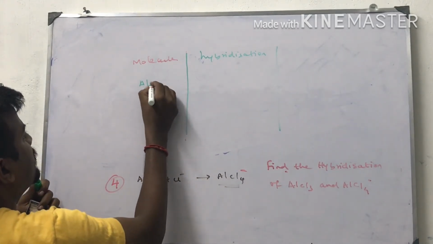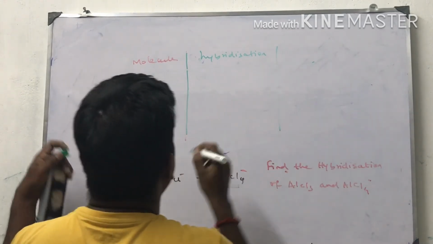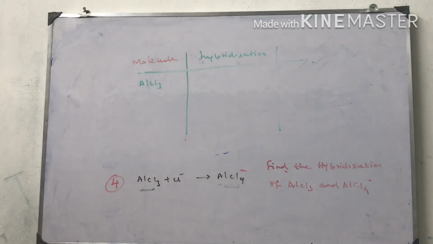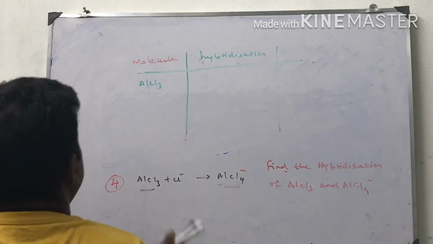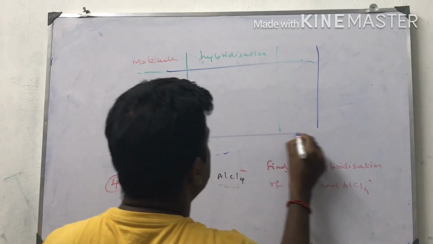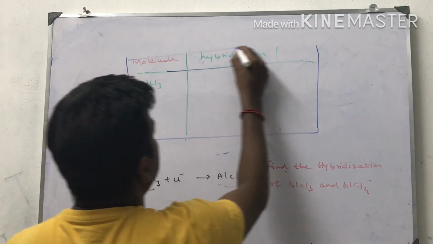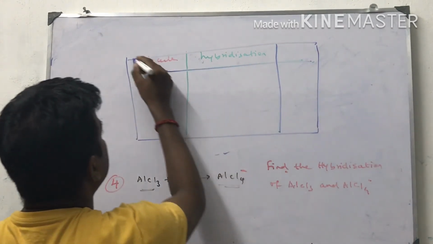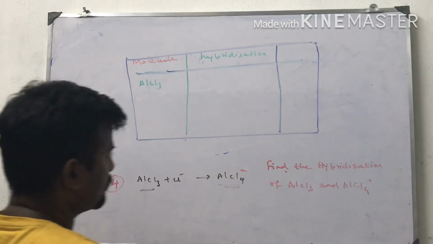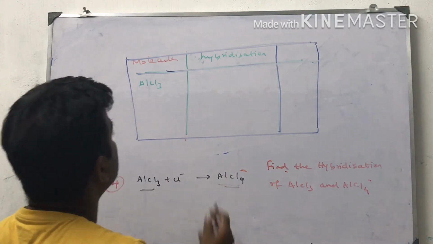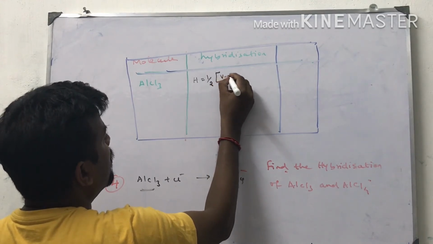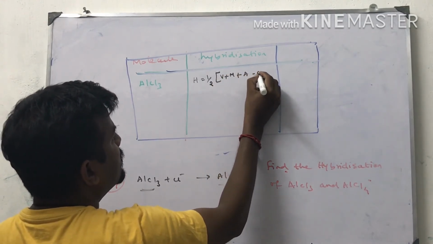Okay, molecule AlCl3. How to find the hybridization? H is equal to half into V plus M plus A minus C. This is the formula.